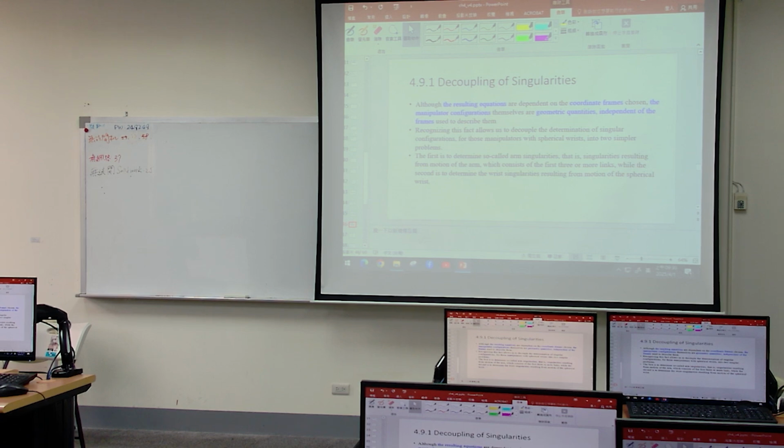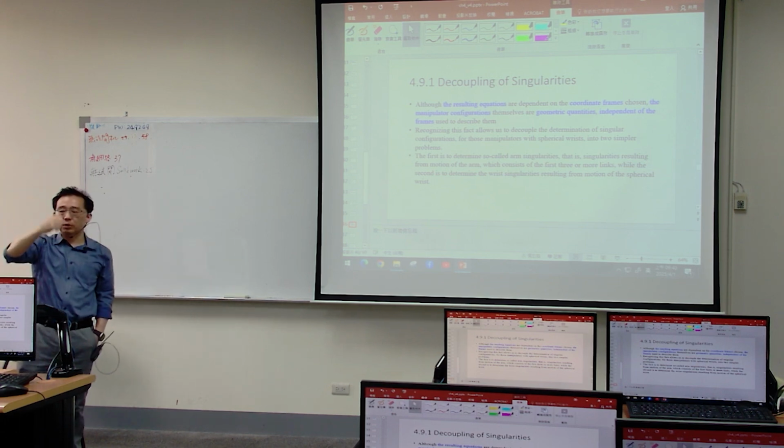However, the manipulated configurations are geometric quantities independent of the frame. Over here, you try to describe what the configuration is. Because it is a robot like our human arm, the configuration is how we can reach somewhere and what it looks like if we rotate into some angle.